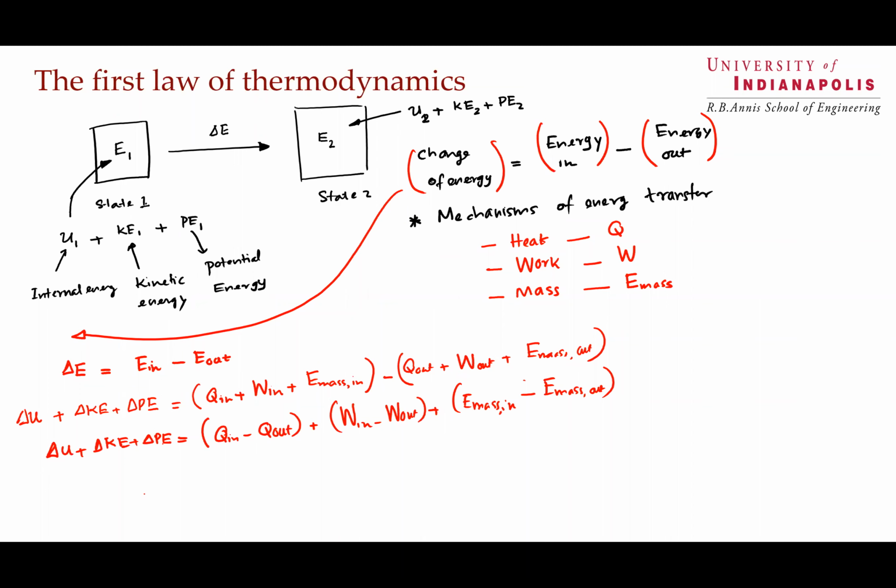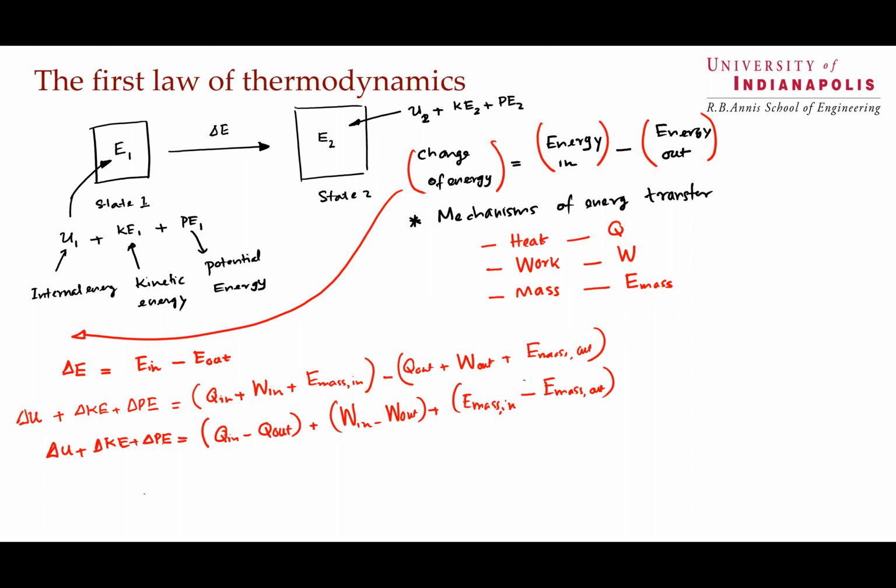So a system can possess energy, but a system cannot possess heat, work, or energy flow due to the mass. What heat and work can do is transfer energy in and out of the system, right? They can transfer energy to the system and from the system, but they cannot stay inside the system. The kinetic, potential and internal energies are the ones that are stored in the system.